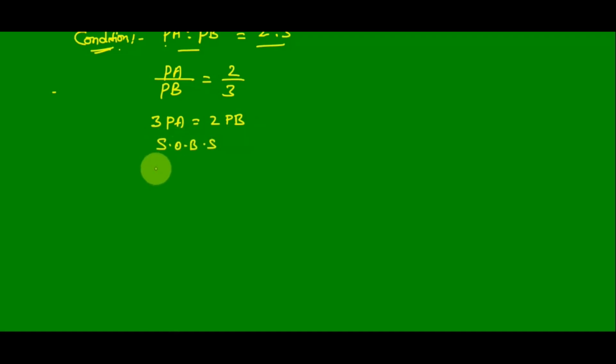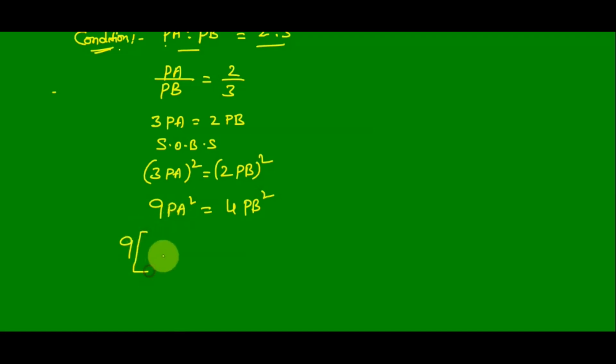This becomes (3PA) whole square equal to (2PB) whole square, so 9PA square, since the square belongs to 3 as well as to PA. Similarly on the right hand side, 4PB square. Now I need to find PA square, which means the distance from P to A.